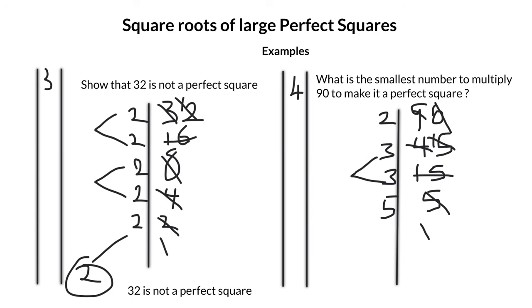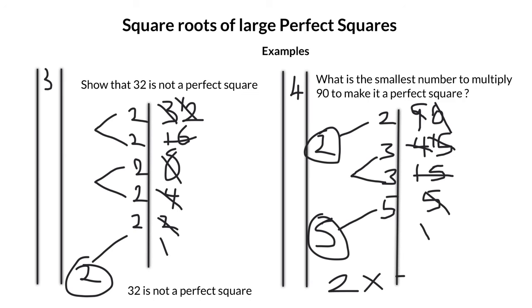So to be able to make this a perfect square, we'll need another 2 to pair with the first and another 5 to pair with the last. So the number we need to multiply 90 by to make it a perfect square is 2 times 5, which will give us 10. So we need to multiply 90 by at least 10 to make it a perfect square.